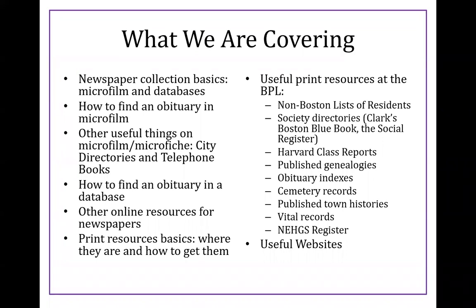We're going to talk about how to find an obituary in a database. We're going to go over some other resources online for newspapers. And we're going to talk about print resources, where they are, how to get them. And we're going to go over just a few of the selected print resources we have available at the BPL. And then we're going to talk about some useful websites.